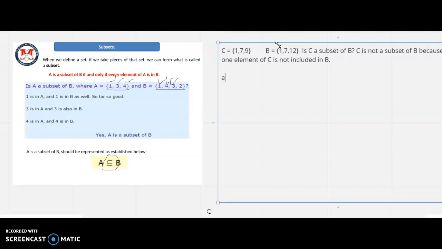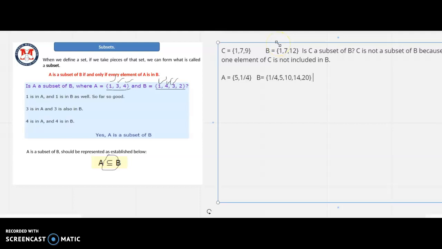So for example, let's see another set. If we have A equals {5, 1/4}, we have here a fraction. And we have B equals {1/4, 5, 10, 14, 20}.